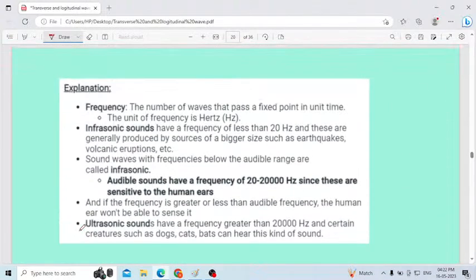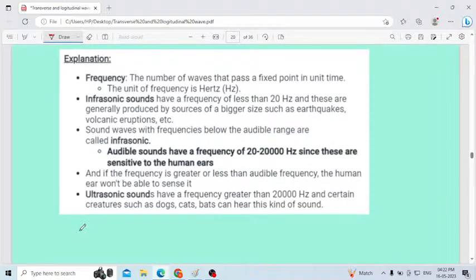What is meant by infrasonic sound? Infrasonic means the frequency is less than 20 hertz. Remember, infrasonic means the frequency will be less than 20 hertz. For example, earthquakes, volcanoes, everything. Infrasonic waves have a frequency less than 20 hertz.